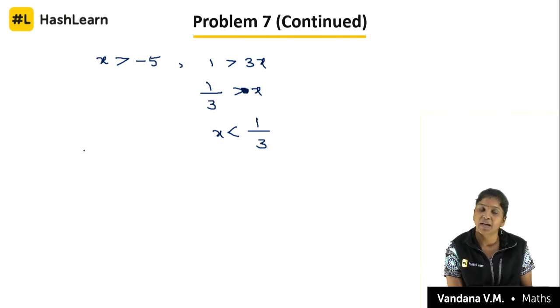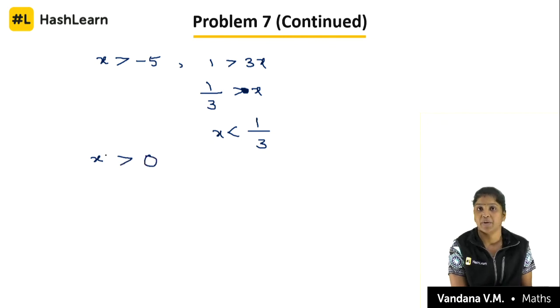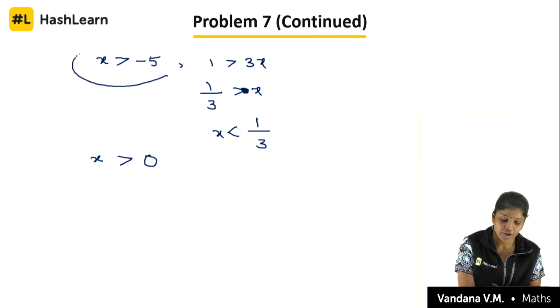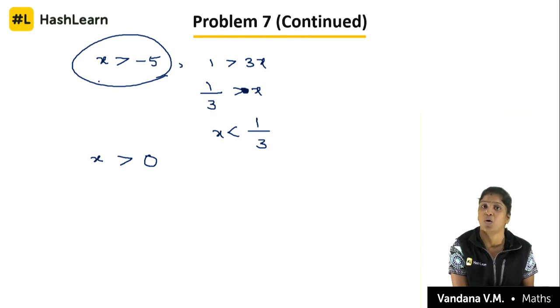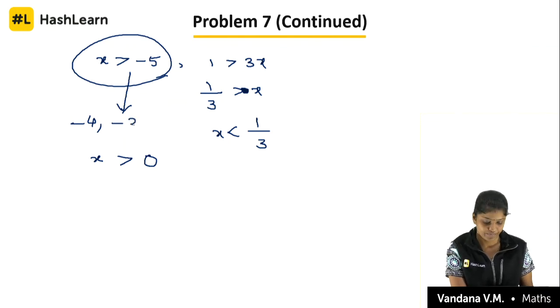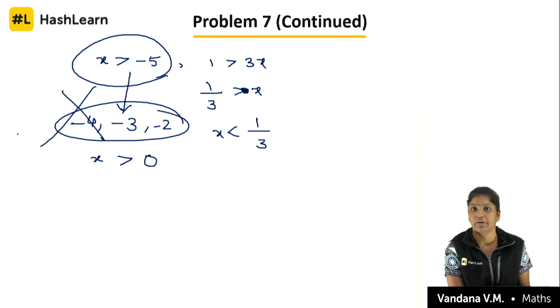Now, but I told you that x must be defined for positive numbers because it is inside the logarithmic term. So, if you take x greater than minus 5, I can take minus 4 also, but for minus 4, for minus 3 and all, the log function is not defined.